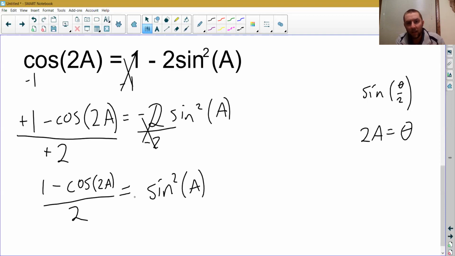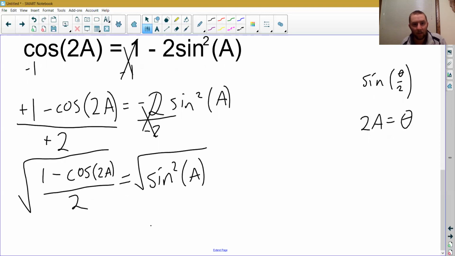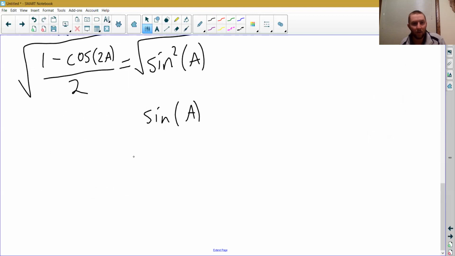And then, of course, I can square root this, and that'll get the sine all by itself. So now it just says sine of a. The other side is going to say, again, when I square root this side, I need to remember that I need to give myself the option of positive or negative. 1 minus cosine of 2a over 2.